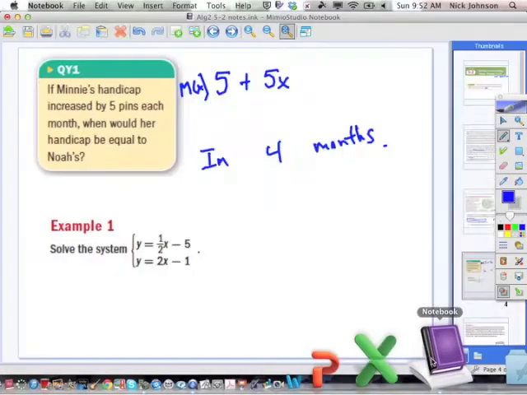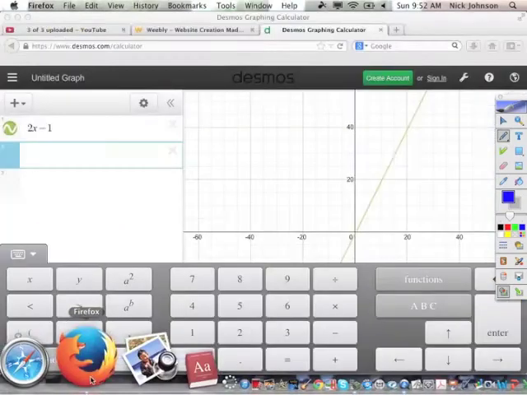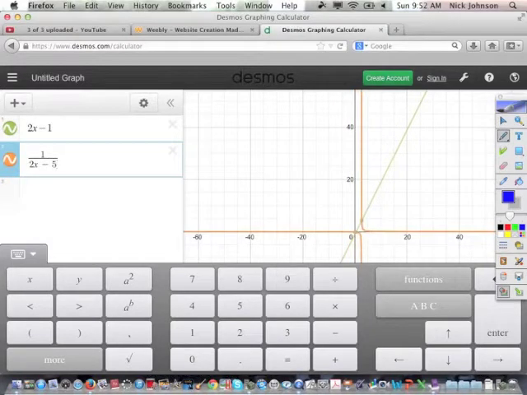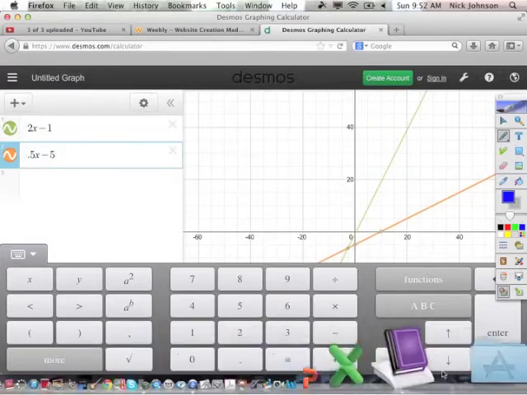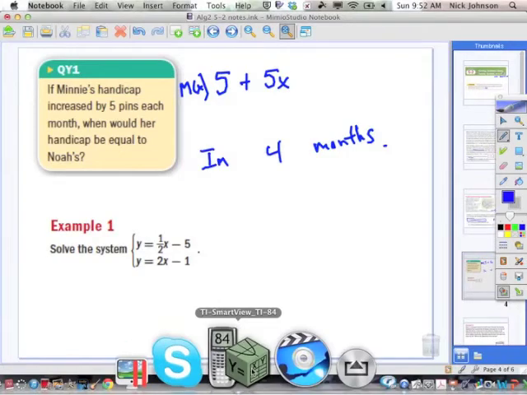And my first one, 1/2 x minus 5. Oops, notice how that messed up. I'm just going to put 0.5x minus 5. 0.5 is the same thing as 1/2, for all of you.